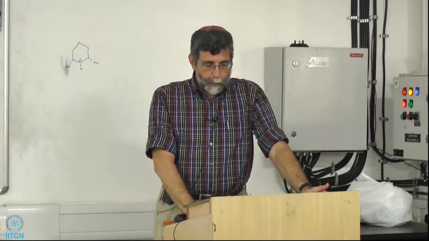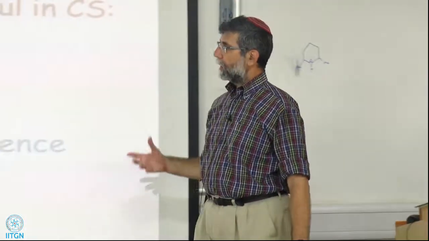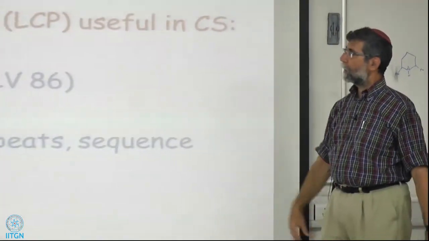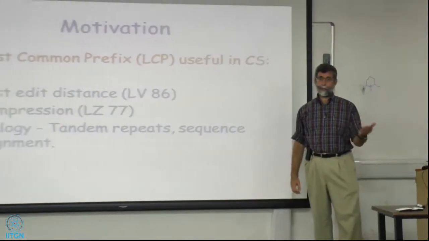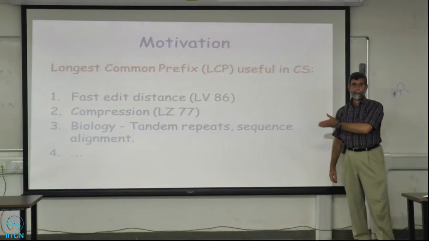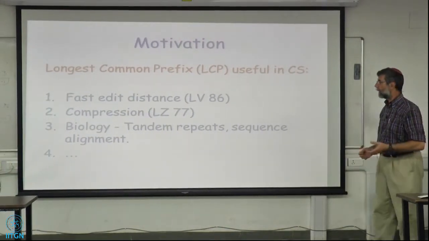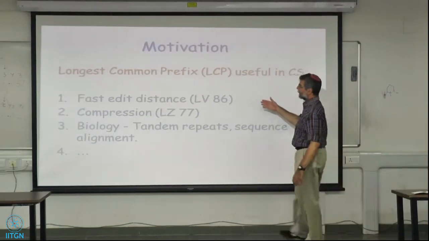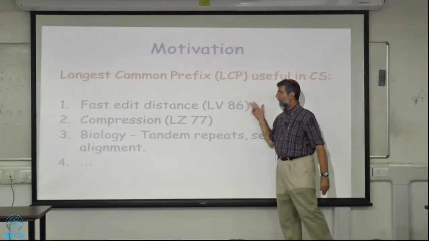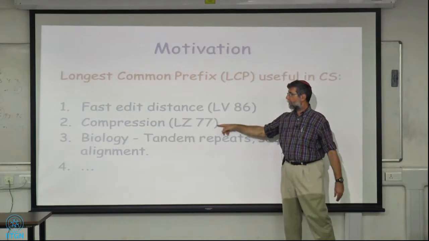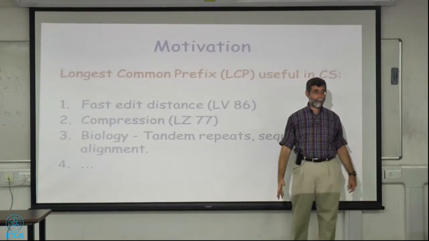So what was the motivation at all? Longest common prefix, computing that, we know that it's very useful. We used it even in this algorithm before to compute the LCA in a complete binary tree, but we used it for the fast edit distance algorithm of Landau and Vishkin. Longest common prefix is used in Lempel-Ziv compression.